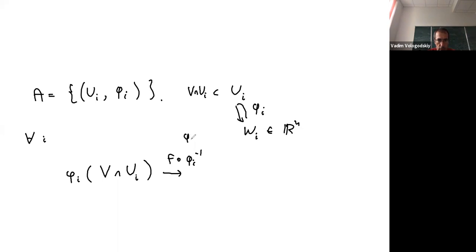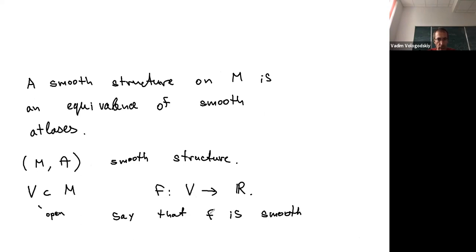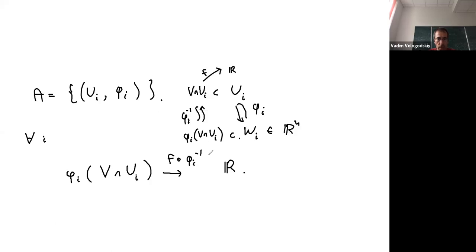So this is phi i of V intersected with Ui, and here I have my function f, which is a function to R. So I look at this composition, I take phi i inverse, and it lands in R. So my condition, this is the beginning of the definition: a function on V is said to be smooth if all these functions defined on open subsets of Rn are smooth.